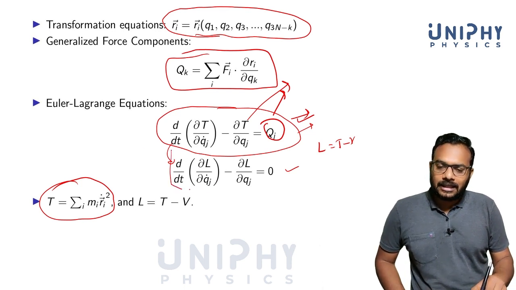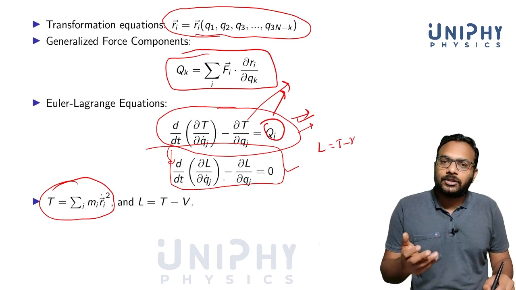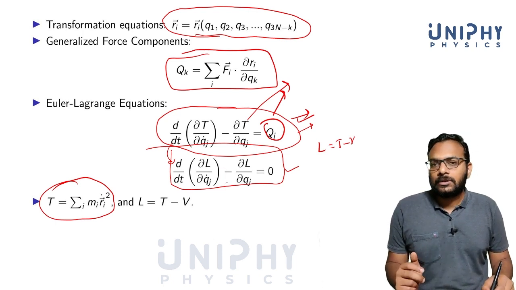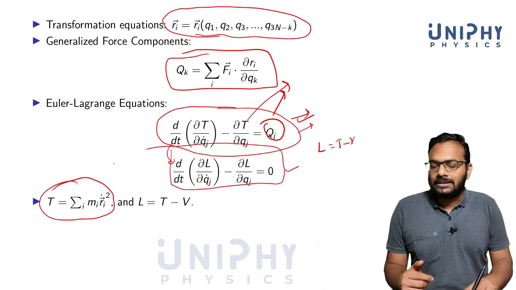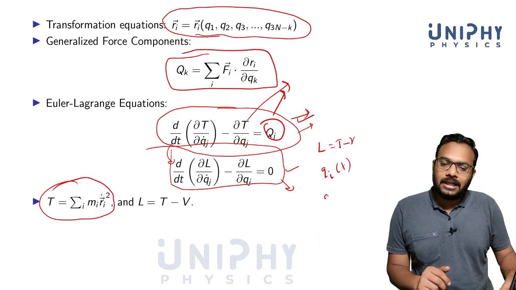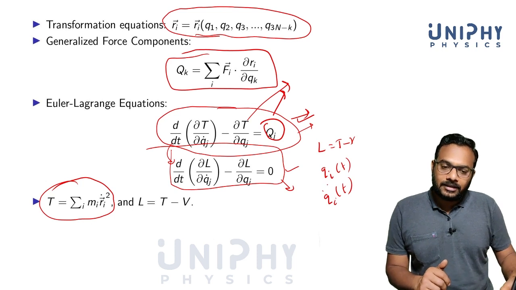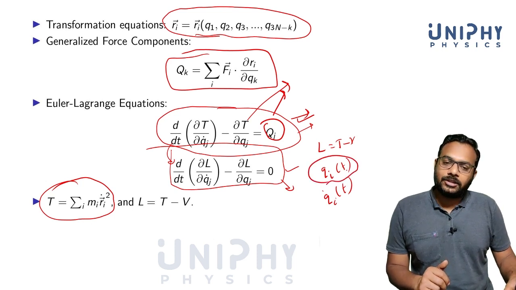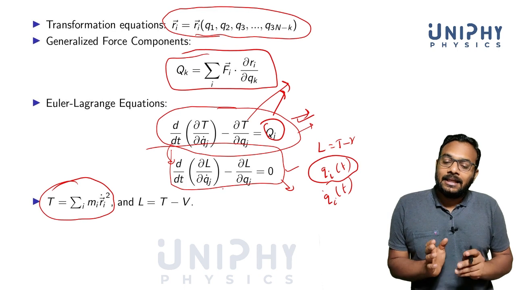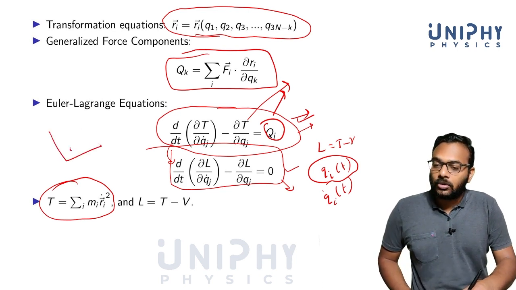So these are the Lagrange's equations. What do they tell us? They tell us how each of the generalized coordinates evolves with time. We can solve this with some initial conditions and find qi(t) and qi dot(t), the generalized coordinates as a function of time. Essentially, this equation tells you how the system point evolves in the configuration space.